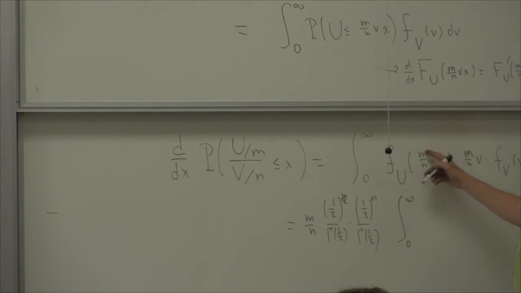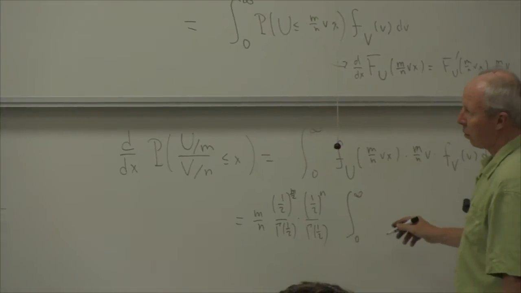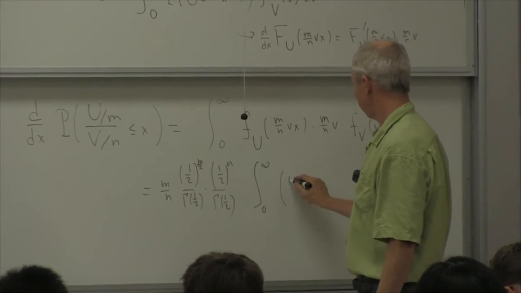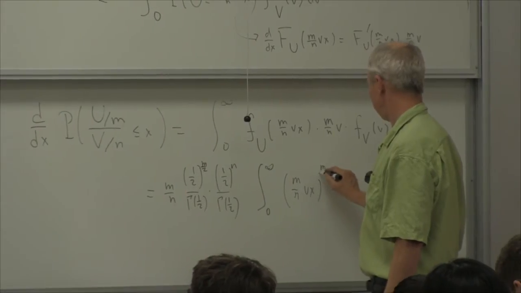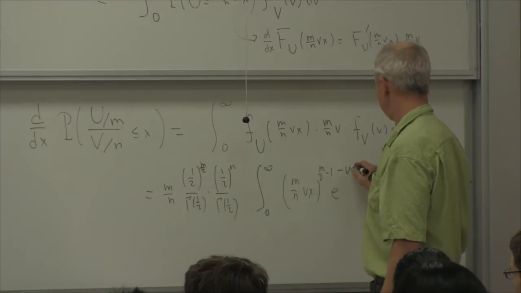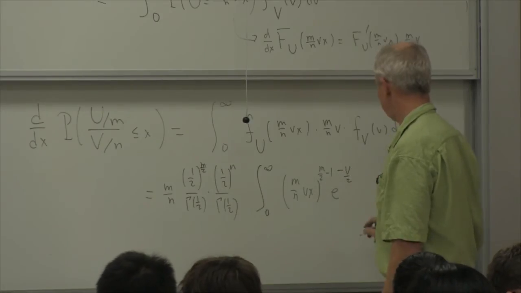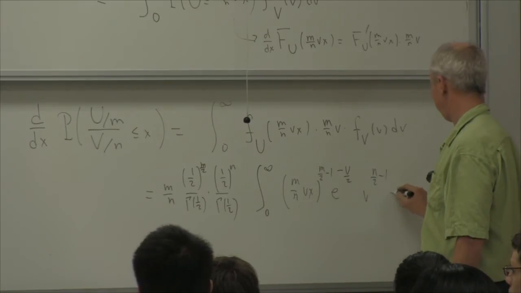And then we take the value of this, we raise that to the m over 2 minus 1. And then we raise v to the n over 2 minus 1.